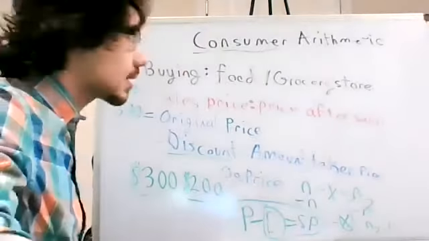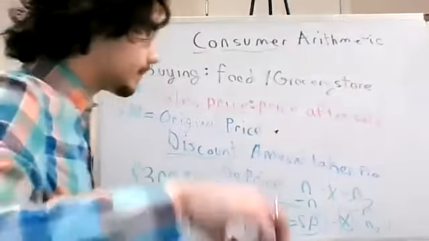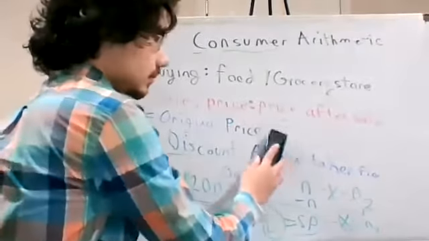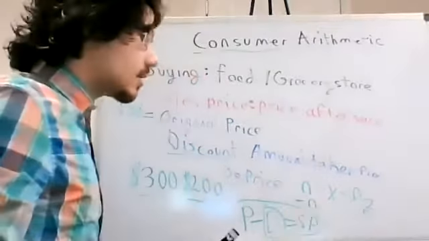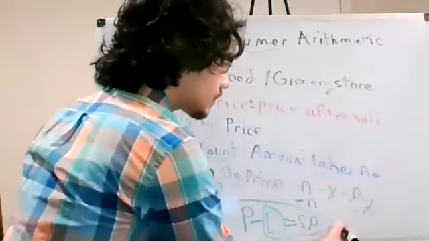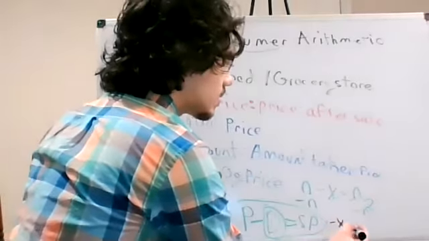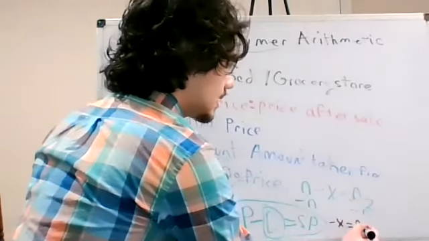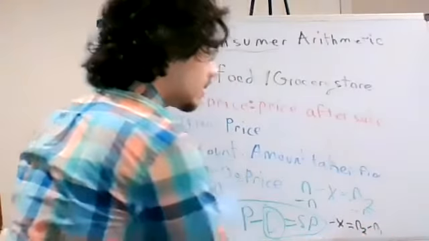All right, so as you said, we subtract the numbers from both sides. So you would be left with minus X equals the second number minus the first number.